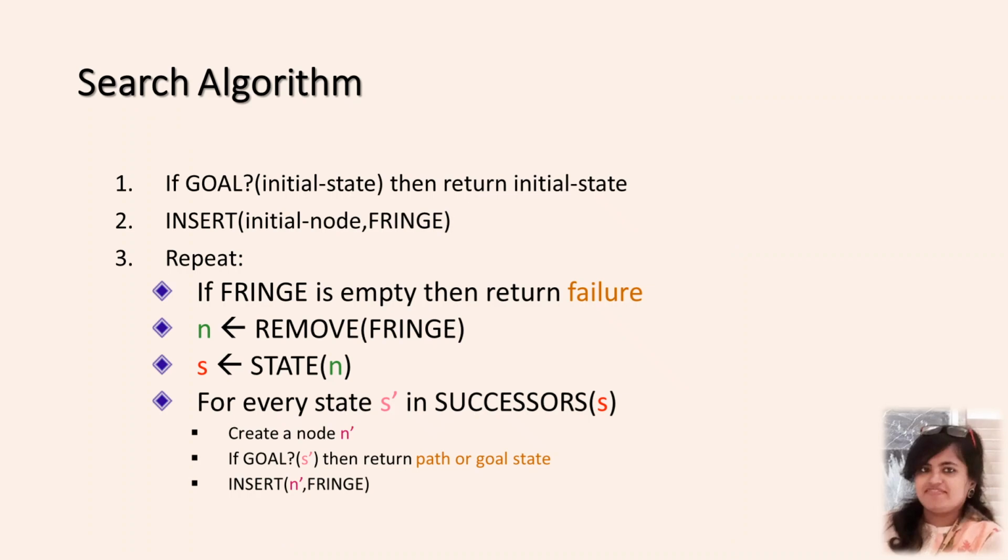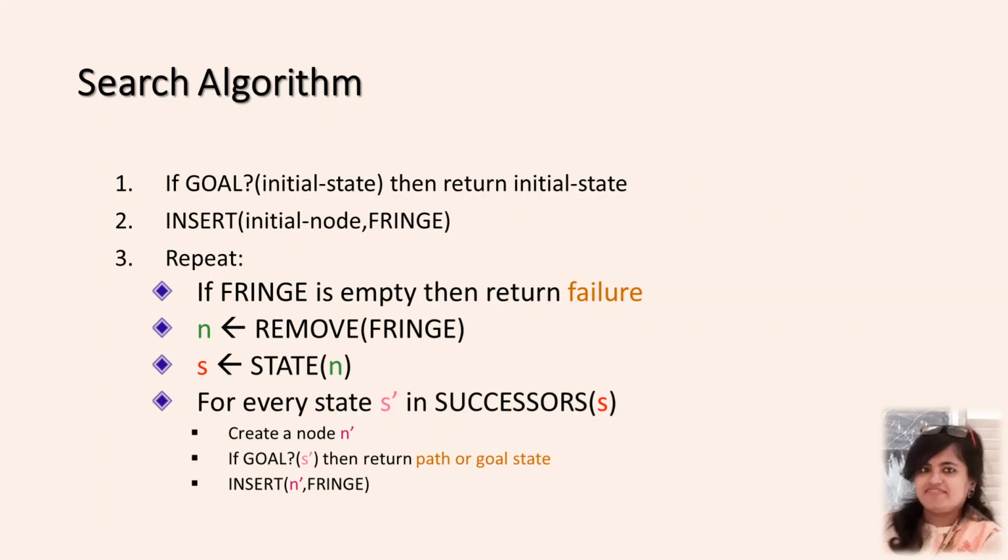Now the search algorithm. This is a generalized search algorithm. First you need to check whether you have reached the goal state. It could be that your initial state is your goal state. Then you do not need to go forward, so you check whether your initial state is a goal state or not. If yes, then return the initial state.